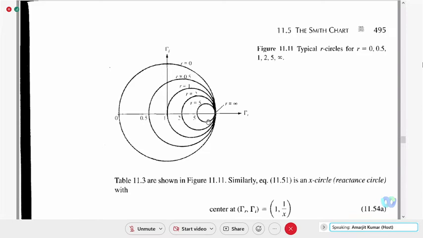And this small circle is for r equal to 5. This here is for r equal to 2, r equal to 1, r equal to 0.5.